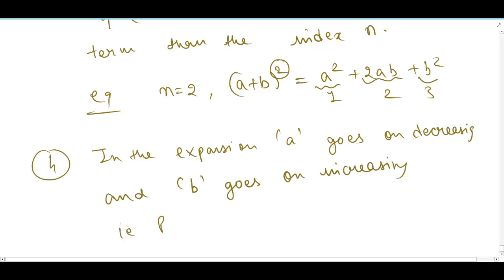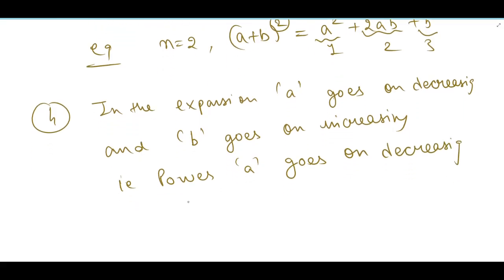That is, the power of a goes on decreasing and the power of b goes on increasing.